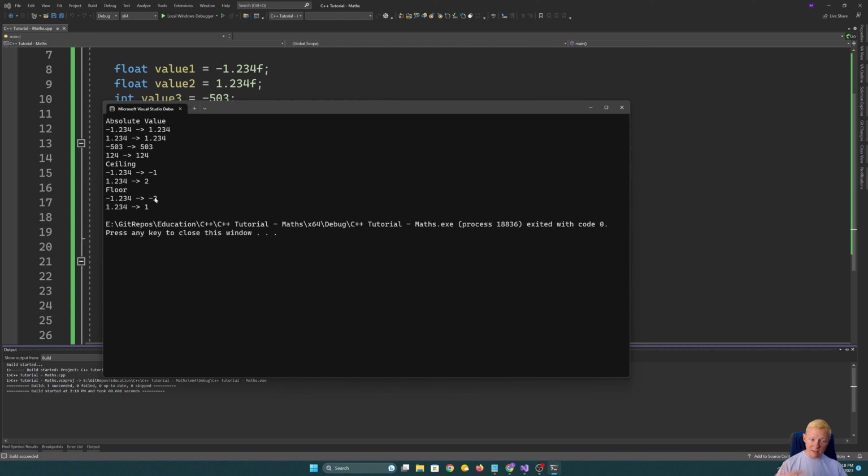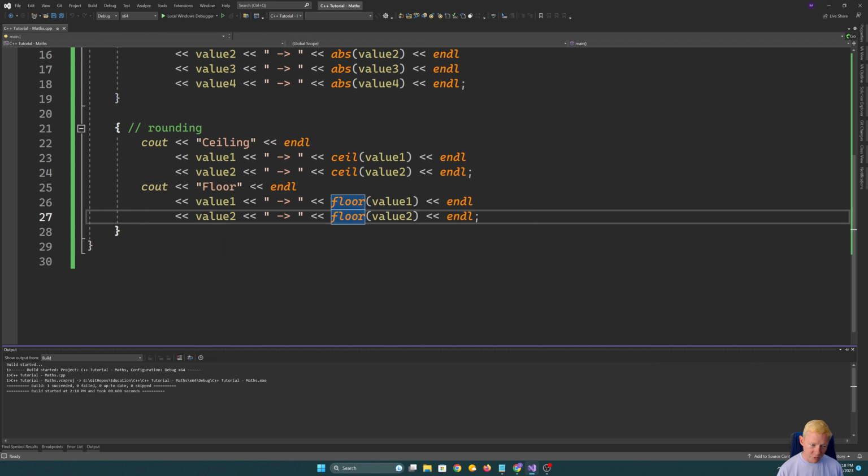So with negative numbers, keep in mind, when it means round down, a negative number is going to get rounded. Essentially, the number becomes more negative in that case. So that is something to be aware of. So, okay, that's what ceiling and floor do.